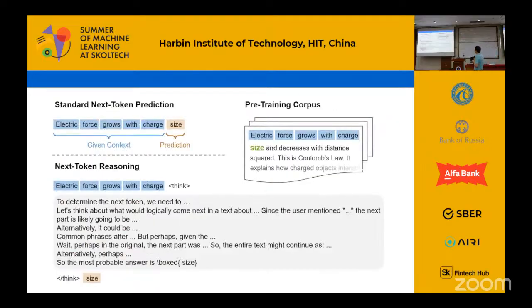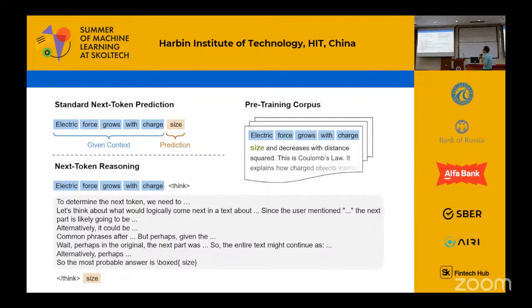You can see here, for example, this is our corpus. In general, standard next token prediction, given the previous tokens, we just predict the next token. But for next token reasoning, to determine the next token, we need to think. That means for each token prediction, we have reasoning paths. Doing so, we can avoid simply memorizing the training data.